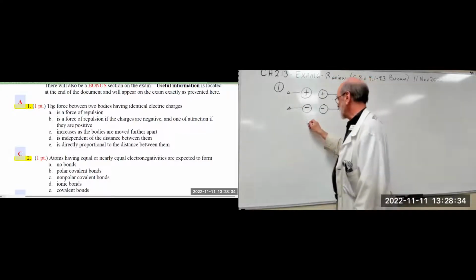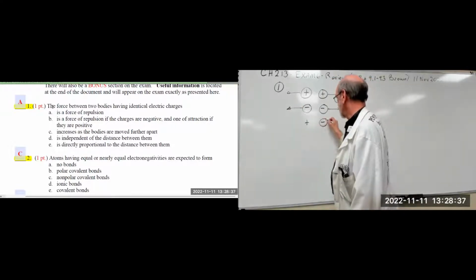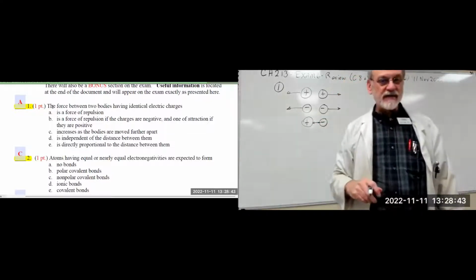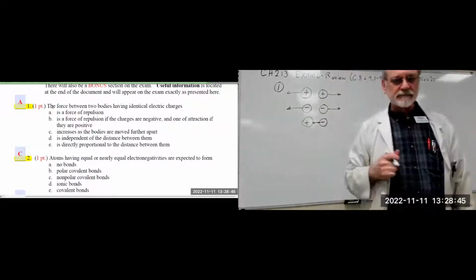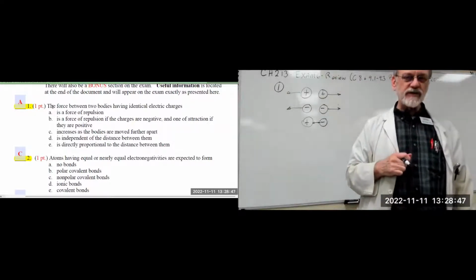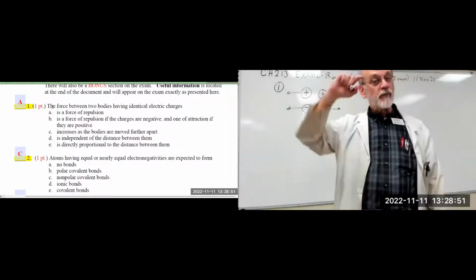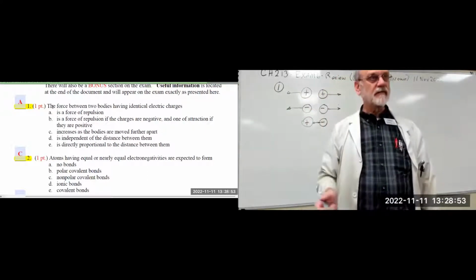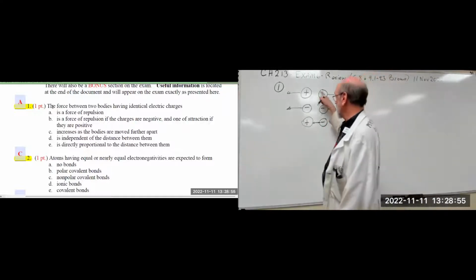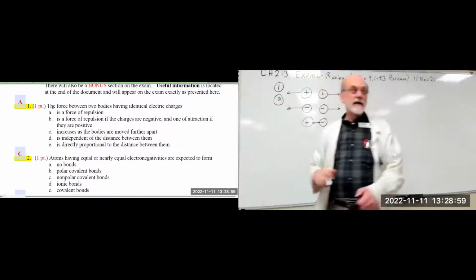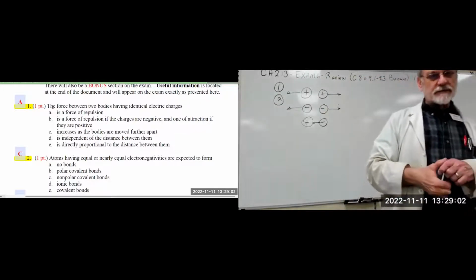What we're interested in is a negative and a positive. Except that the question says the charges are identical, right? So we have repulsive forces. We're talking about these two at the top, right? Those are repulsive forces.